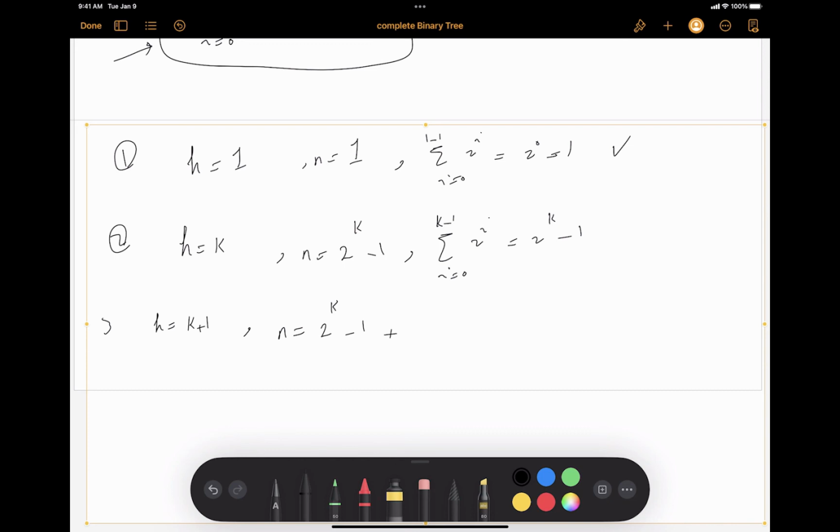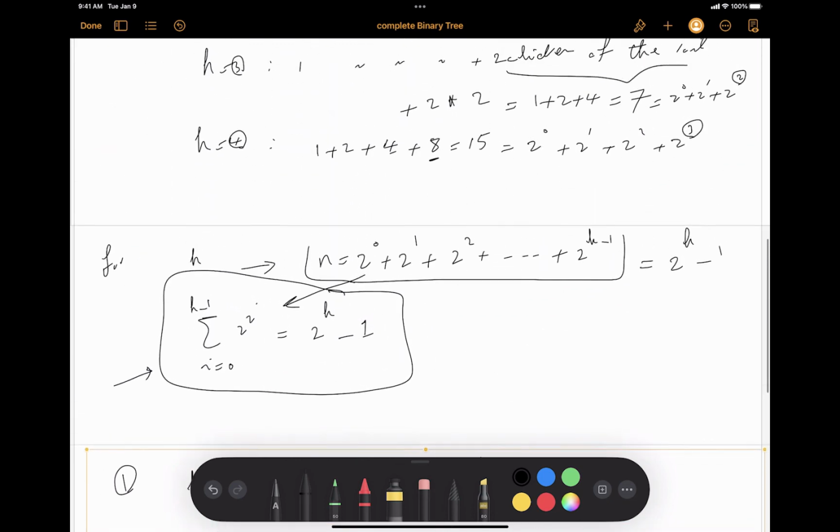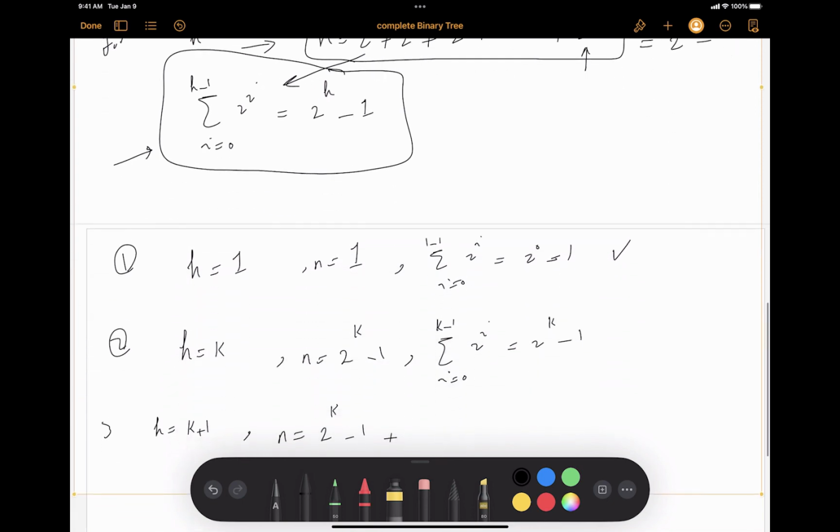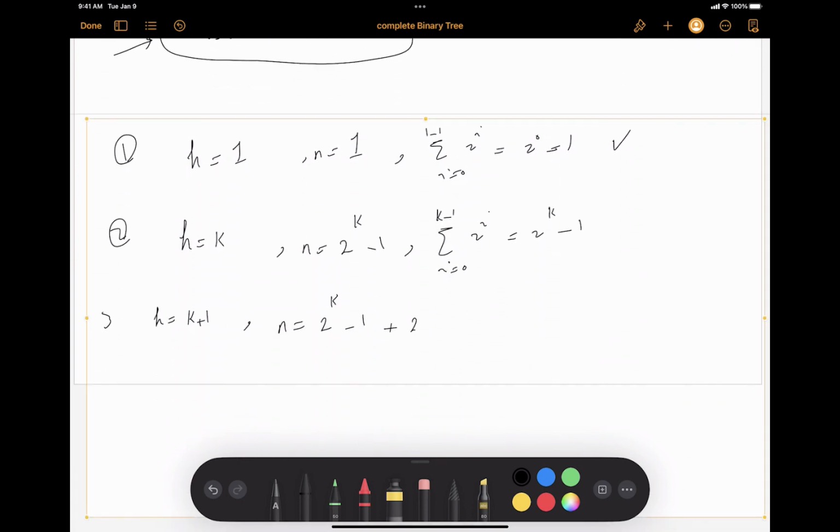And as you look at here, the number of nodes at the very last level was equal to 2 to the power h minus 1. So here it is going to be 2 to the power k plus 1 minus 1, which is 2 to the power k.